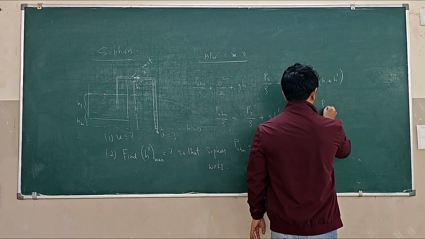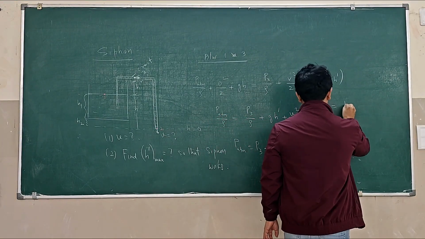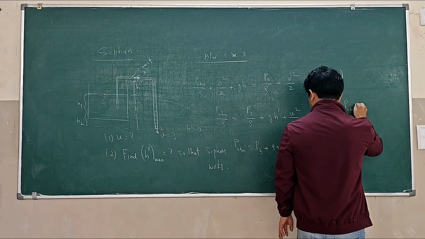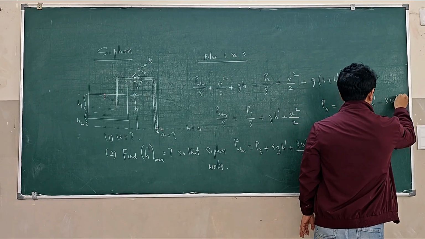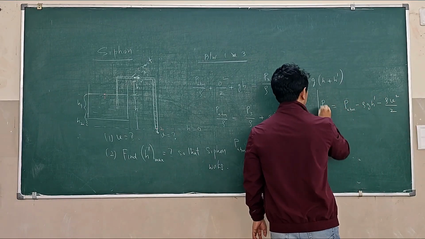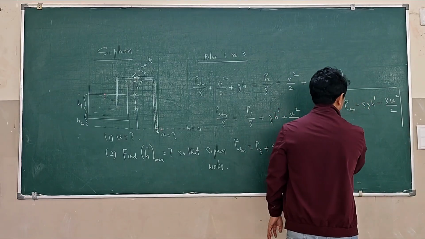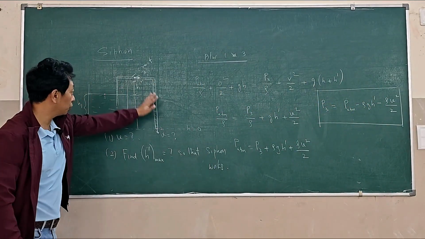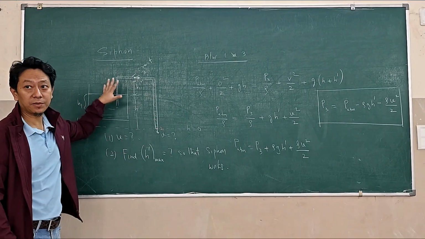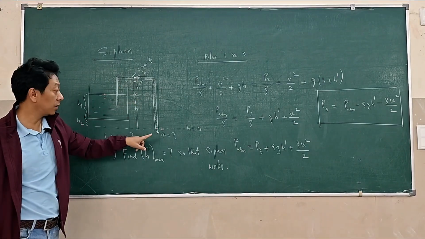So what is P3? P atmosphere minus rho g H dash minus rho V square by 2. Now for this to work, if you want to keep the siphon this way and work, then what is V?